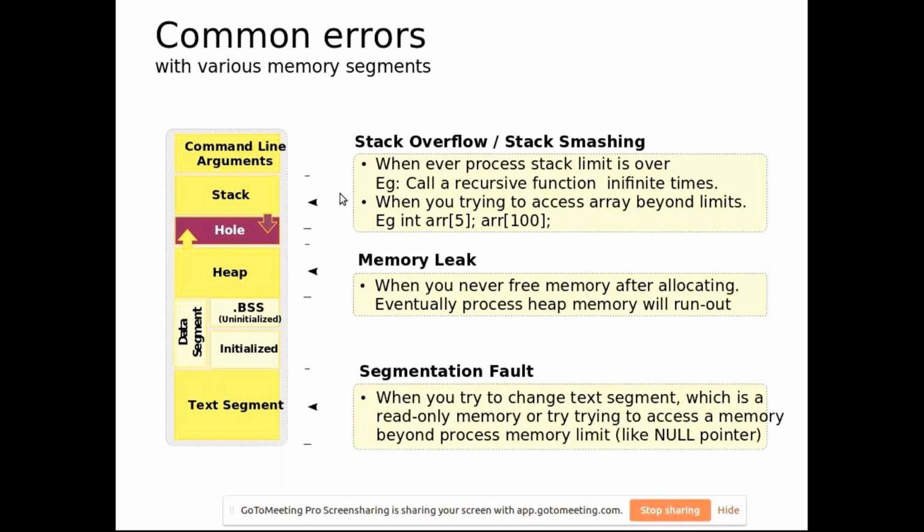If you don't free that memory, it will be a memory leak, because according to the process it is used memory. So we have to free the memory once we have created it. When you never free memory after allocating, eventually the process heap will run out.